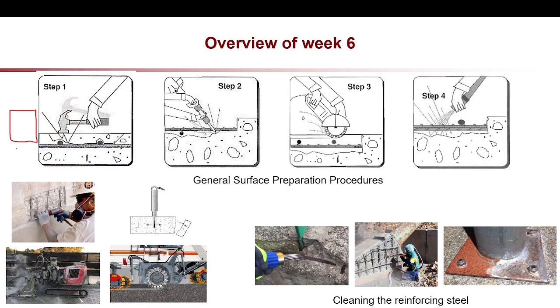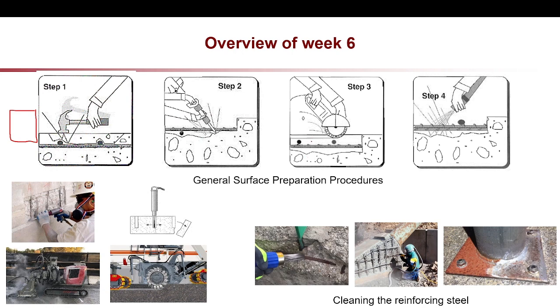Second is the undercutting and cutting of the concrete surface. In this step, we make sure we do the undercutting of the rebar as well. The top surface as well as the rebar undercutting has to be done.